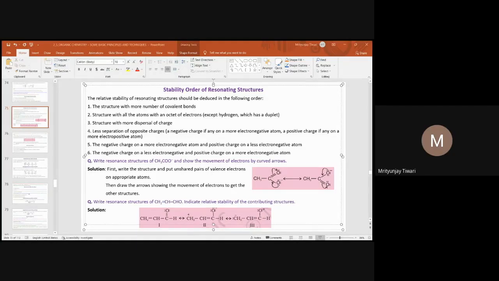In another way, we see the movement of electrons from the substituent groups into the pi system, and this we call a positive resonance effect. We see it if the lone pair is in conjugation with the pi electron system.